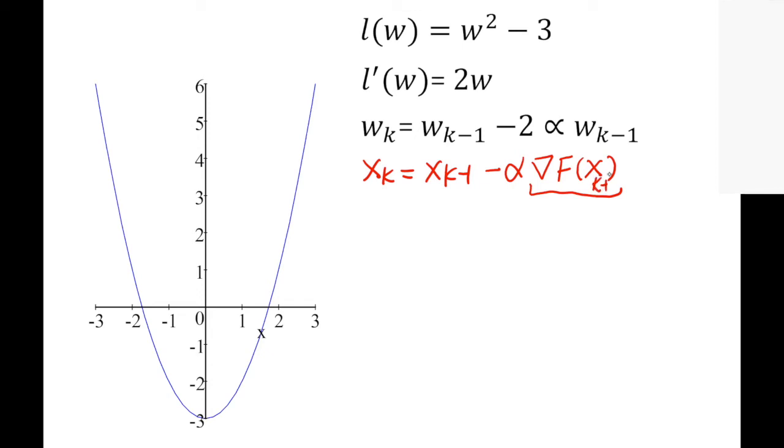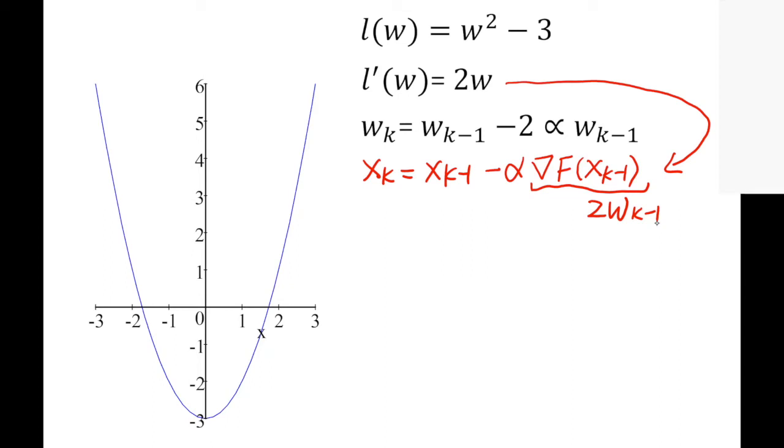Very important: it's the gradient, the derivative value at that point. So we replace this part with 2w at the k minus 1 epoch, which gives us w_k equals w_{k-1} minus 2 alpha w_{k-1}. All right, I hope this explains.